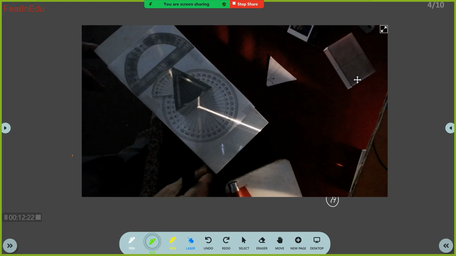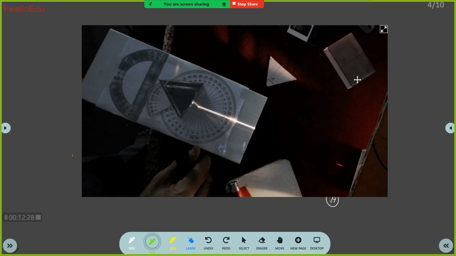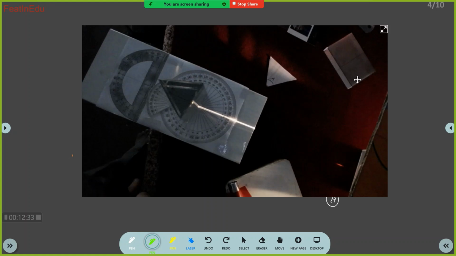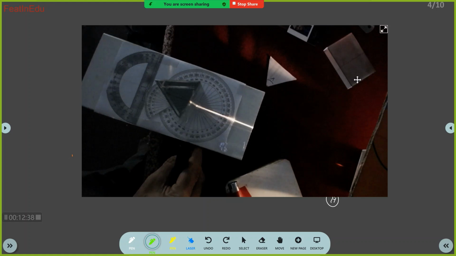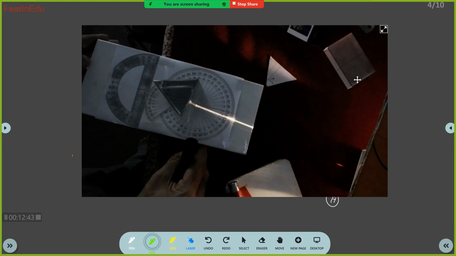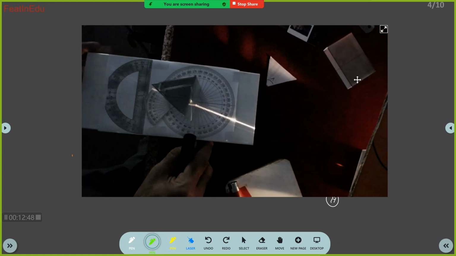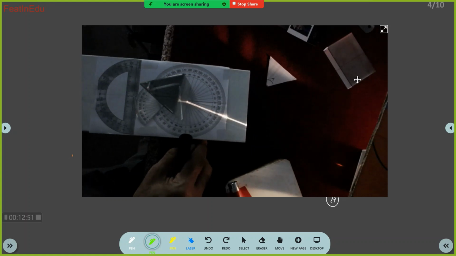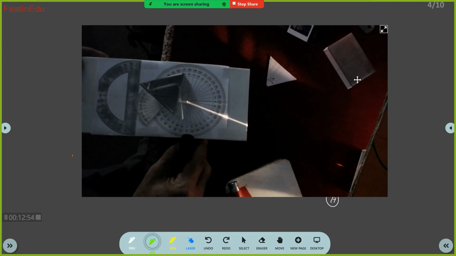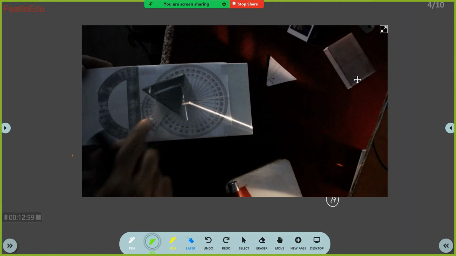Now I am going to make the angle of incidence perpendicular to this surface. Now the emergent ray is completely doing what? Total internal reflection. Then I am taking the angle of incidence on this side, and now also you will see that the ray is coming out here.